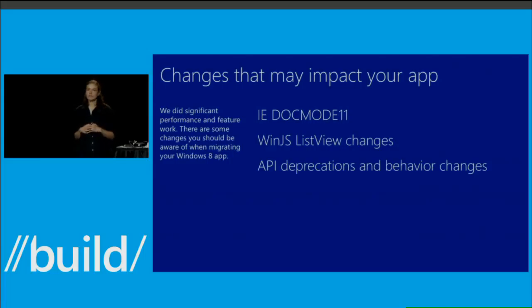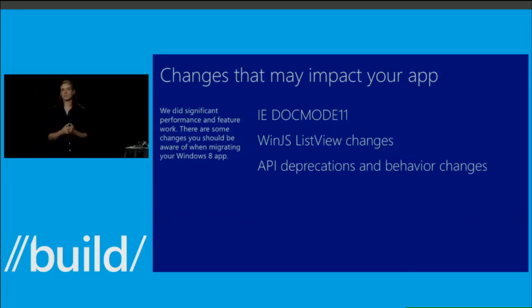It's rare that you're going to hit those, but if you're using some old libraries that use old APIs, you may run into this. We saw some list view changes in Win.js where we did that styling change to get that purple border to go all the way across. Win.js's list view has a bunch of new features and a bunch of performance work.